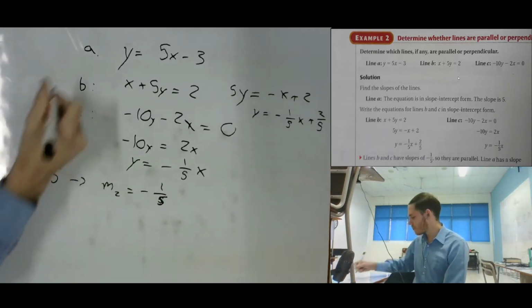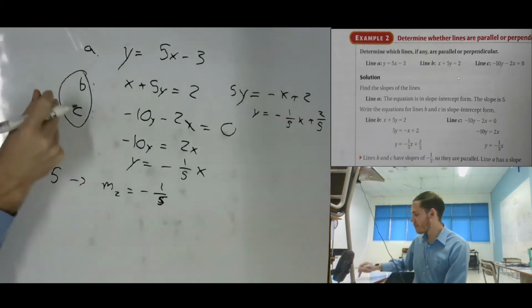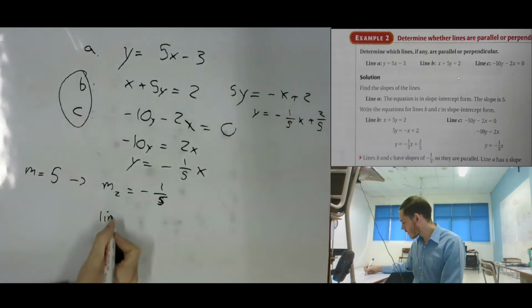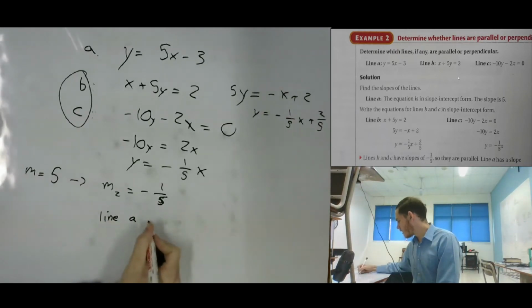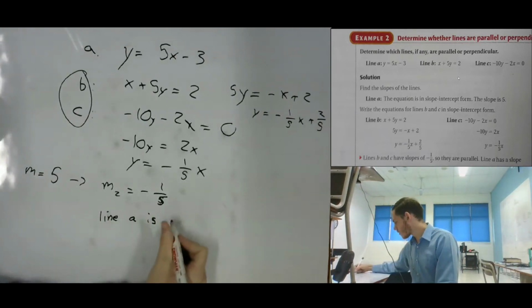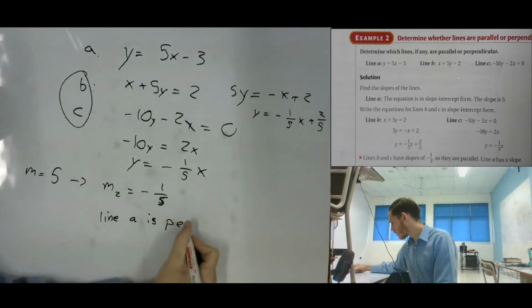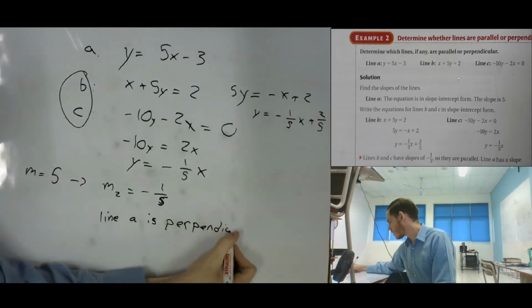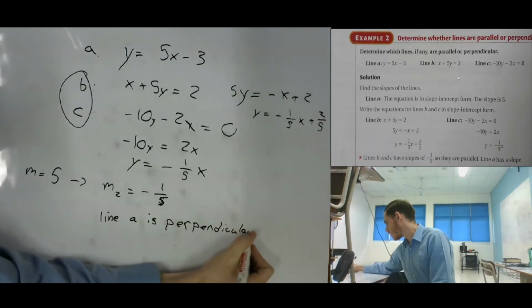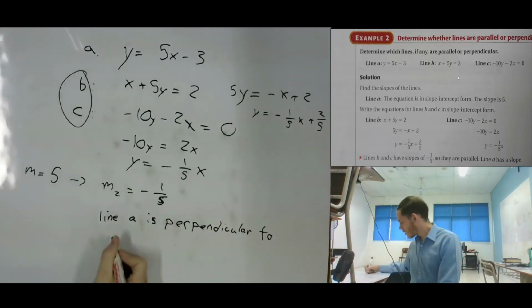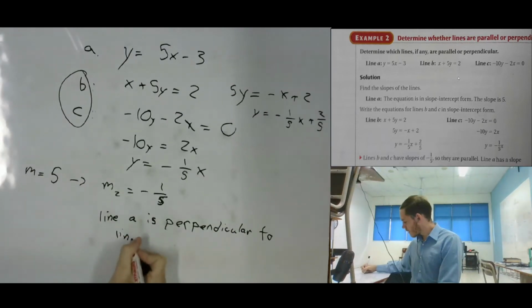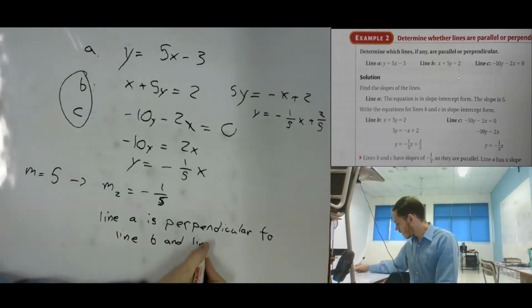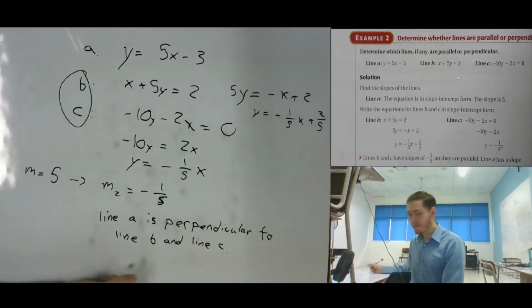Well, B and C. So line A is perpendicular to line B and line C.